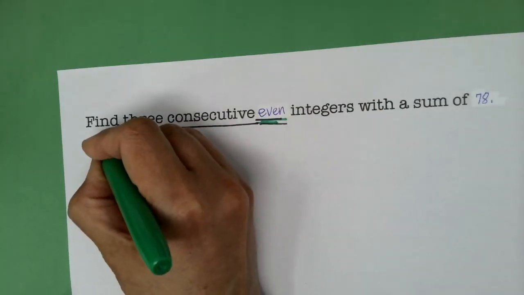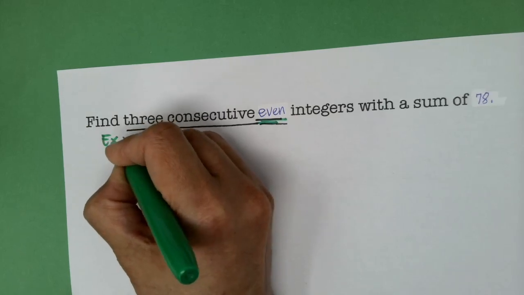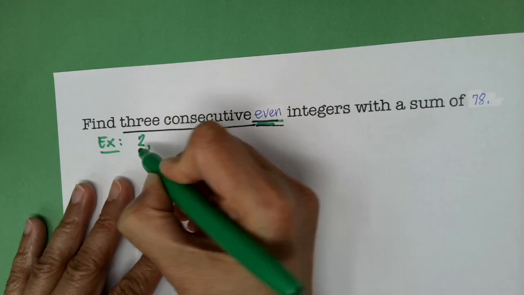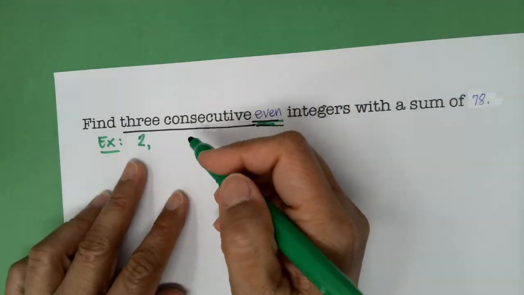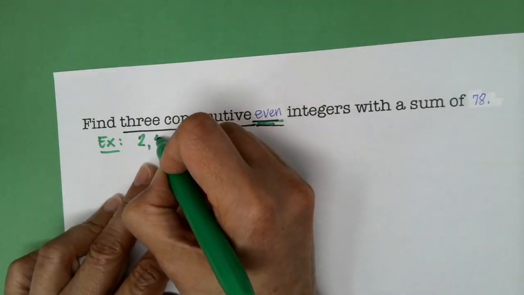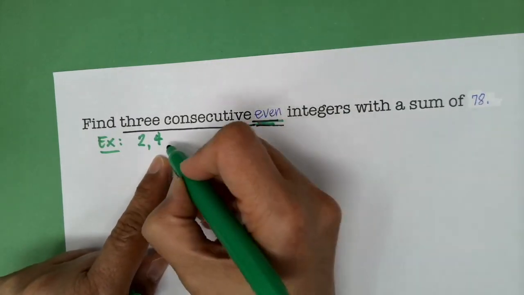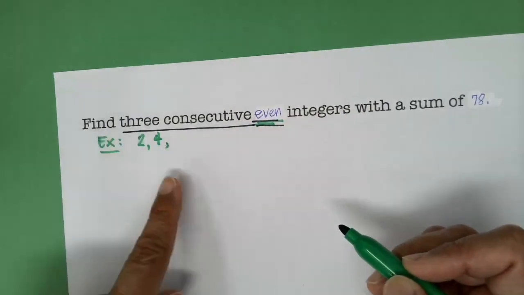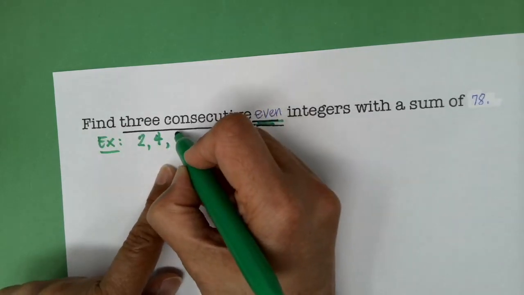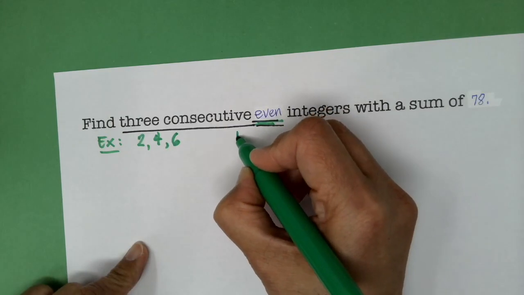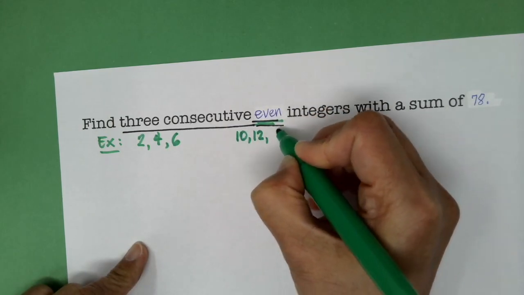Let's have an example of consecutive even integers. If we have 2, the next number will be not 3 but 4, because 3 is odd. Then we have 4, the next even integer would be 6, so that's 3 consecutive even integers. Another would be 10, 12, 14.